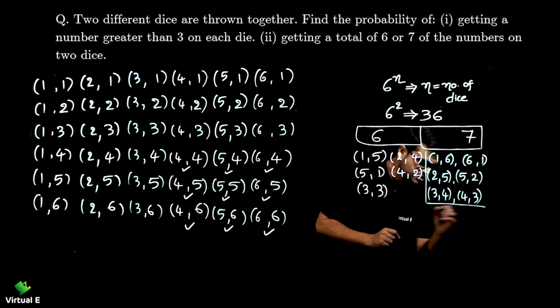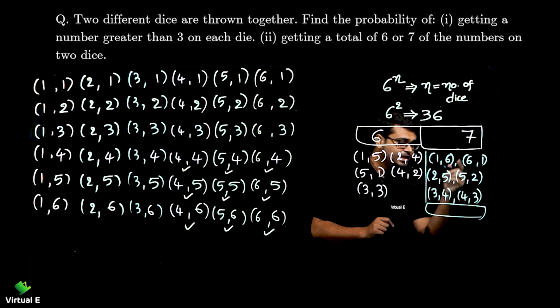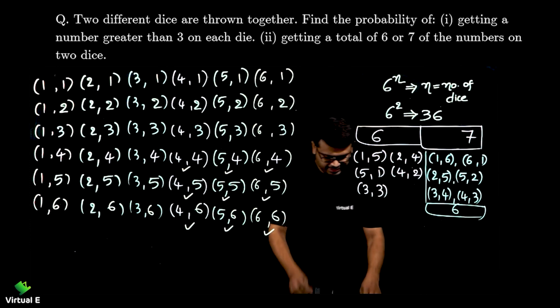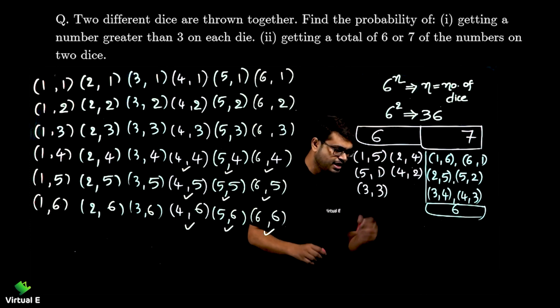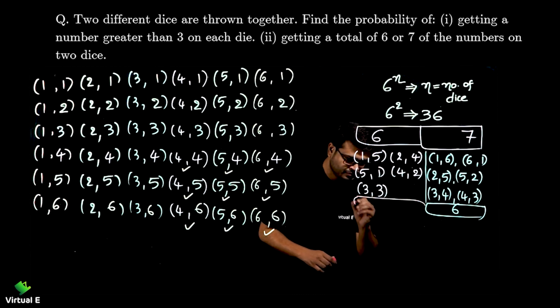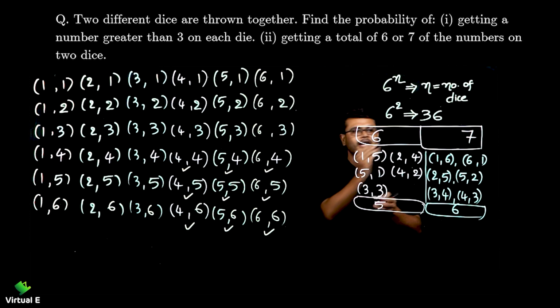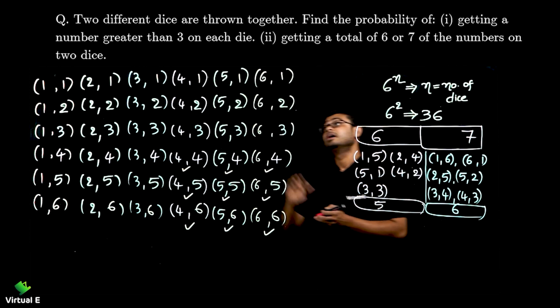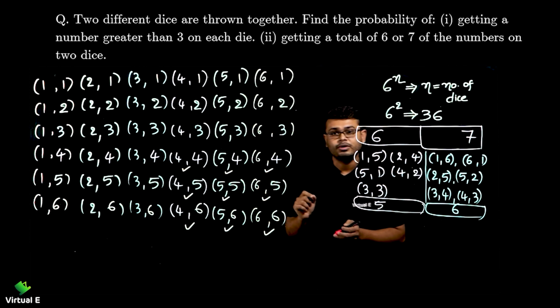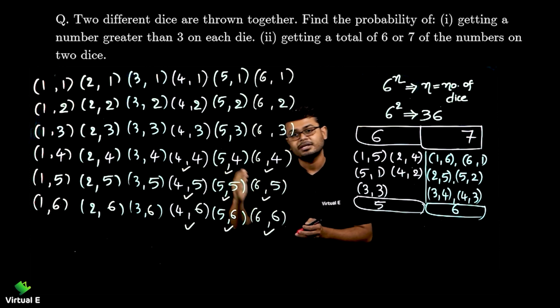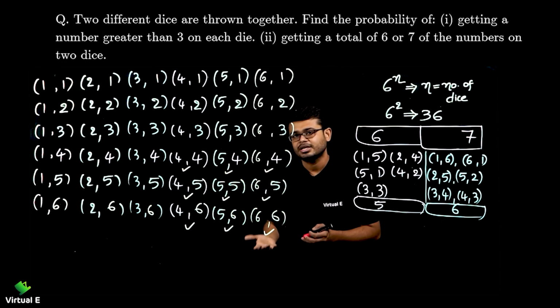How many outcomes are here? Favorable outcomes, I think 6 here. And in this case, favorable outcomes are 5. Right, so 5 for 6 and 6 for 7. And see the very important word over here, 6 or 7, either 6 will work or 7 will work, right?